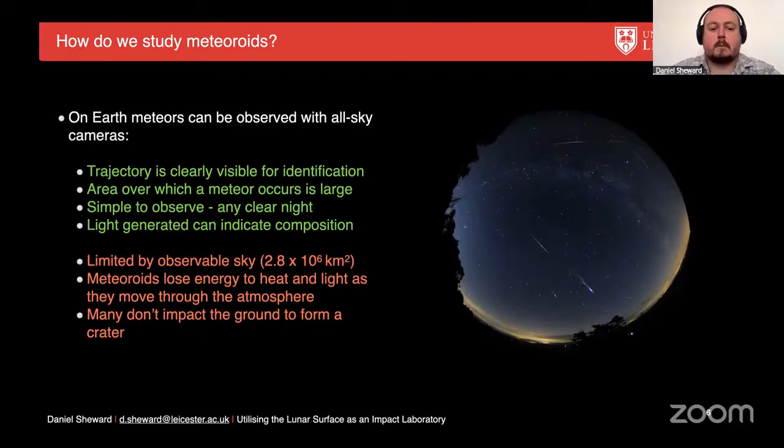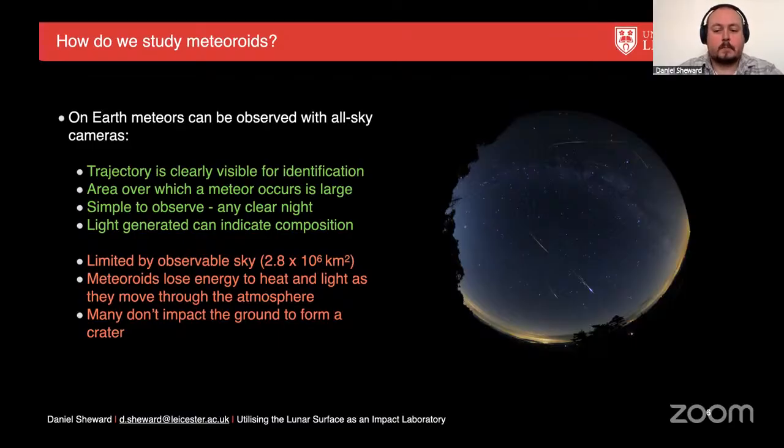And because the meteoroids lose energy during transit in the atmosphere, it can become more difficult. You are losing mass, losing energy, so it's a lot less simple to reconstruct the initial energy and things like that. And because most of them fully ablate, or ablate into a tiny little pebble that doesn't make a crater, there's no craters for people like me to be able to study.